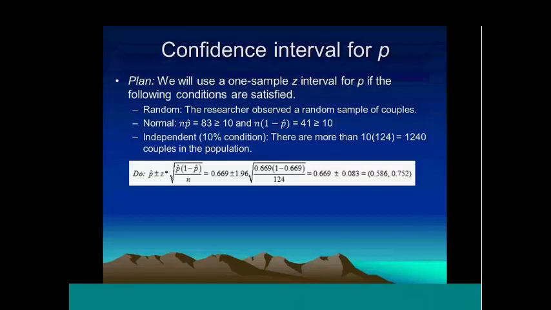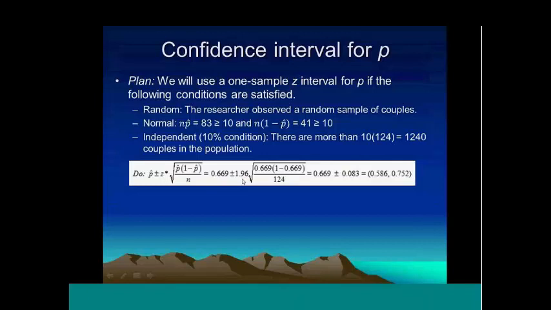So for those of us who are math teacher types, this is how we envision the calculation looking. We have our point estimate, or our statistic, plus or minus our critical value, z star, times the standard deviation, well, actually the standard error of our statistic, square root of p hat 1 minus p hat all over n. And we've plugged in our sample proportion.